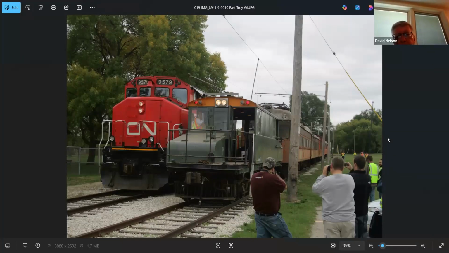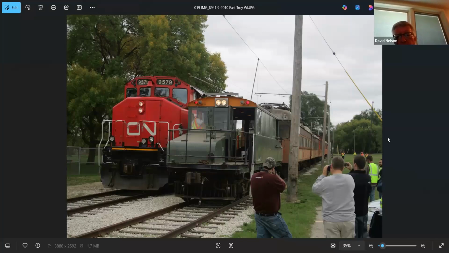And the CN power that you see there somehow made it down the very steep and rickety siding that is the only connection with the outside world for the East Troy Electric Railroad, and dropped off its 5 South Shore cars and got out of the way.